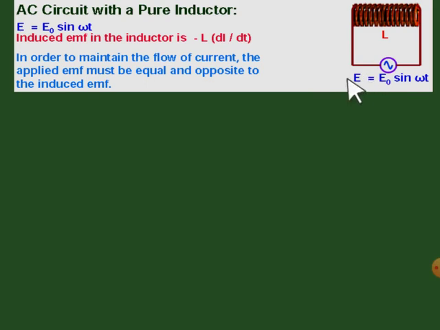Only when the applied AC EMF is equal and opposite to the induced EMF is the flow of current maintained in this circuit, right?